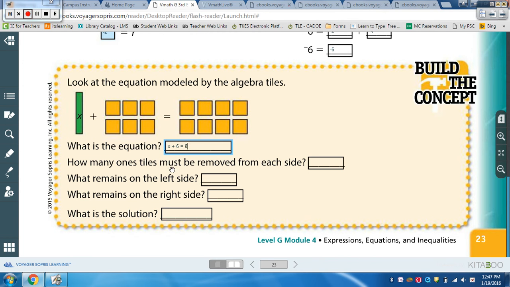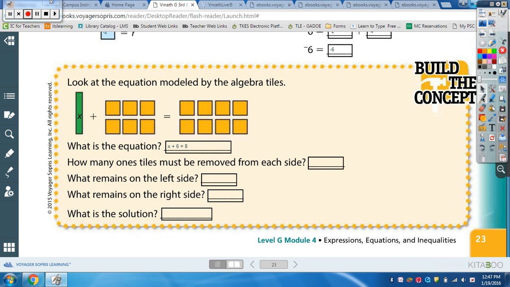How many ones tiles must be removed from each side? Well, what do we have to do? We have to get x by itself, so how many ones tiles are on the left side of the equation with the x? You have 1, 2, 3, 4, 5, 6. So we have to remove 6 from the left-hand side of the equation.